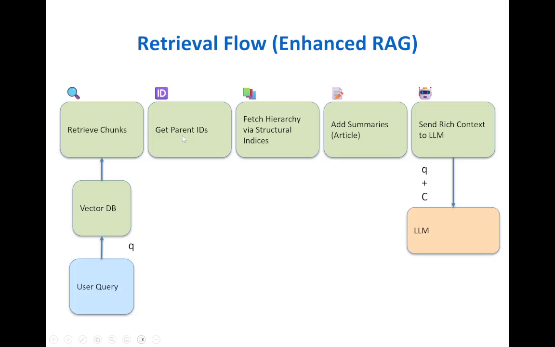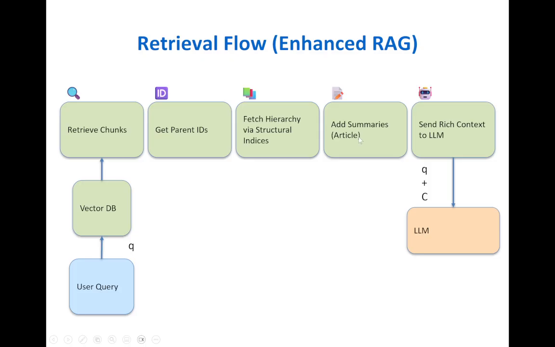You may walk up these parent IDs depending on where you are in the hierarchy or what query you have, and you fetch these entities, like a document using a document ID, for example. Using these structural indices, you fetch these entities at a higher level in the hierarchy. From this, maybe you can add a summary.